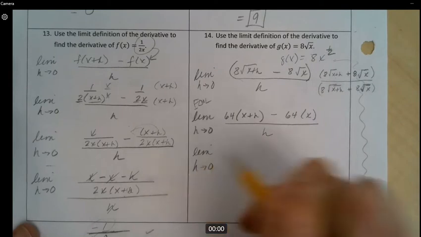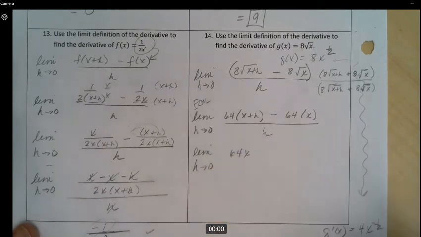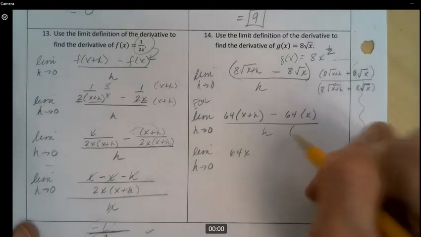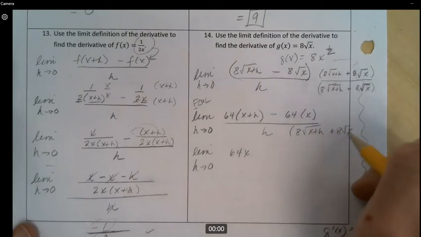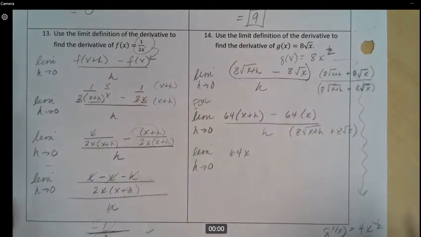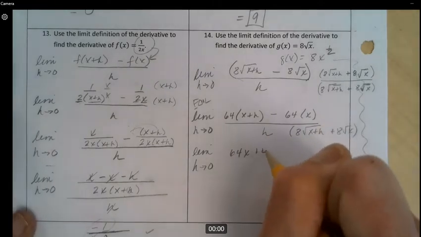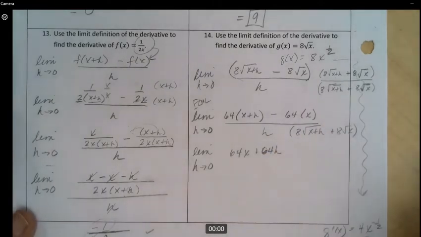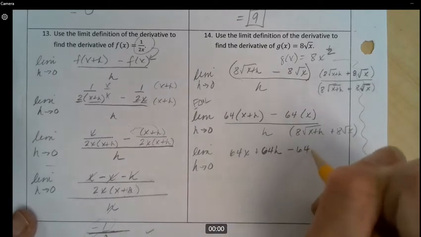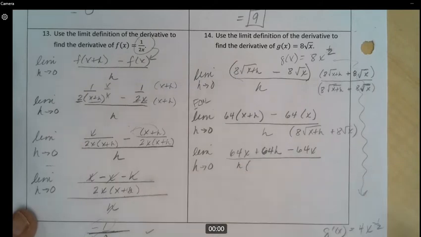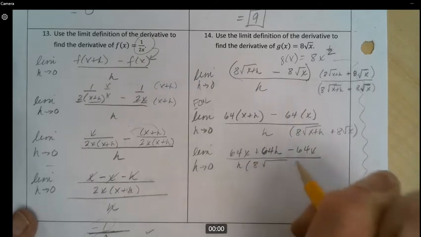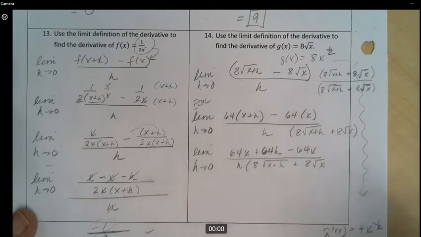Limit as h approaches 0, 64x. Oh, I forgot to multiply the bottom. I like that better. Okay, 64x plus 64h minus 64x all over h times 8 times the square root of x plus h plus 8 times the square root of x.